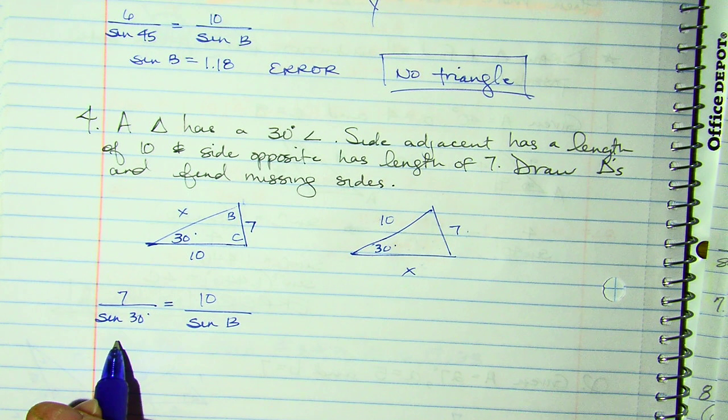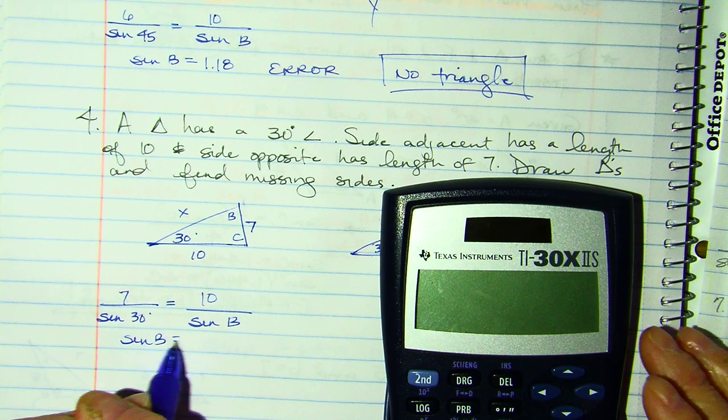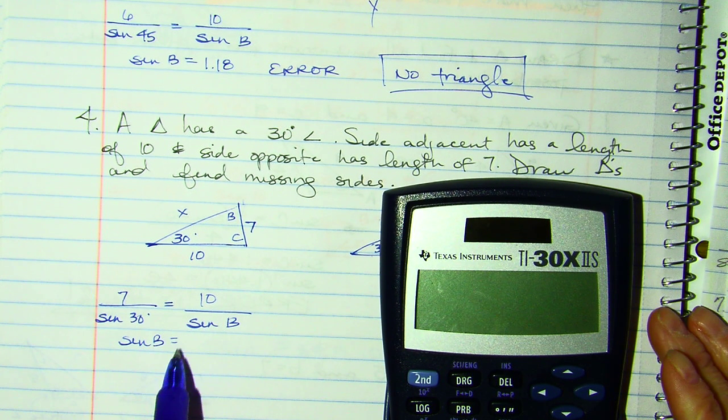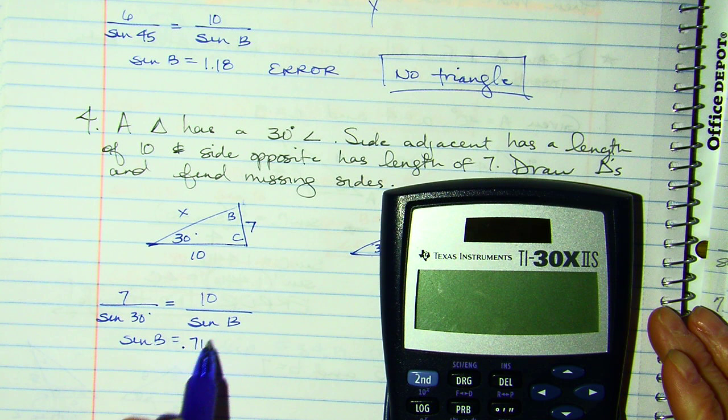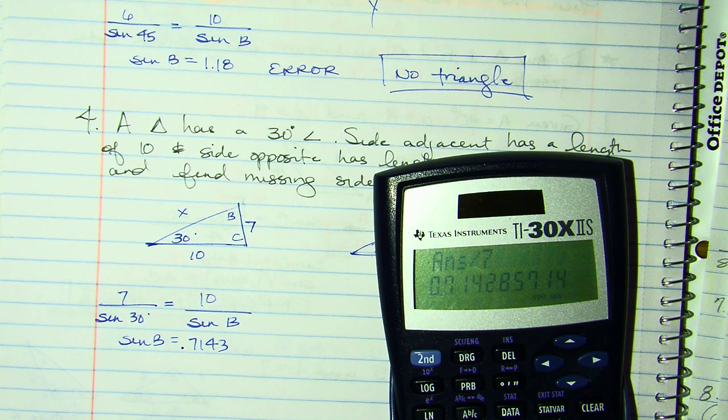So I get the sine of B would equal 10 times the sine of 30 divided by 7, which is 0.7143. And let me confirm that: 10 times the sine of 30 divided by 7. Yes. And then sine inverse.